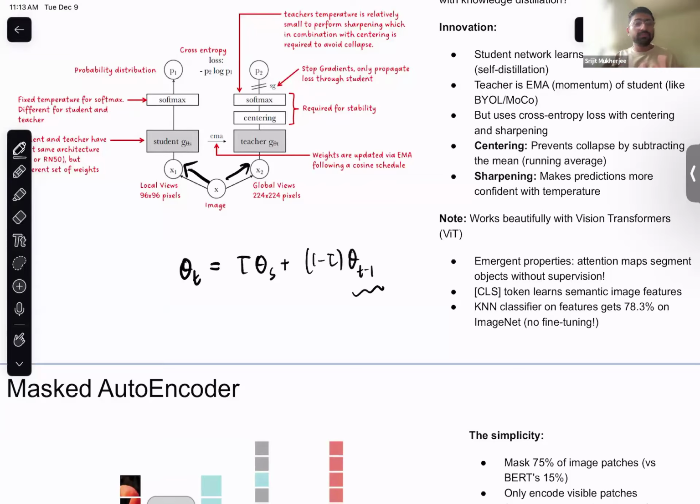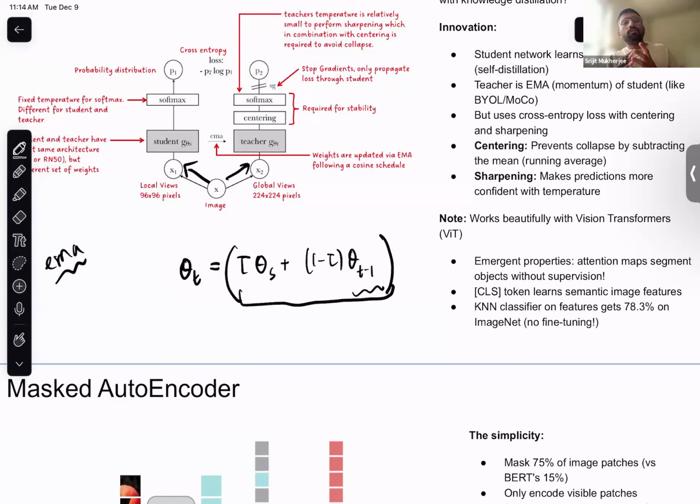Like you do exponential moving average in financial forecasting, right? It's a delayed version, so it smoothens out. As you know, a moving average smoothens out. Similarly, the networks are smoothened out by this moving average, and it is not updated.